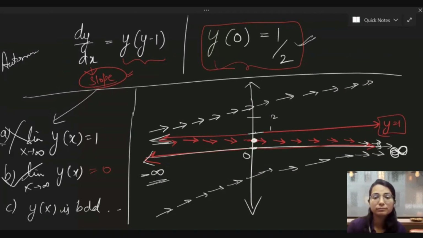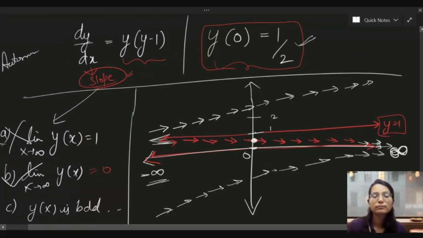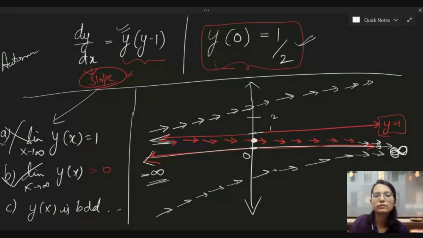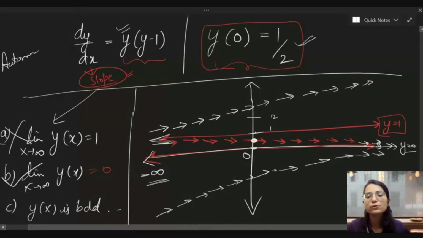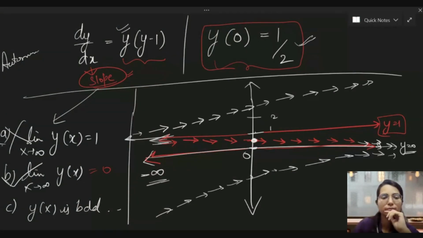So since the condition is not given at an equilibrium point, for example 0 and 1, our solution will never cross the y equals 0 line. That means the equilibrium solution will not be crossed. That's why this solution is divided into 3 different sections.